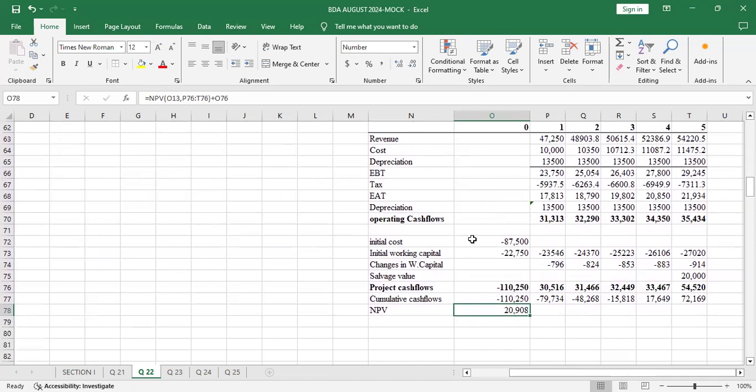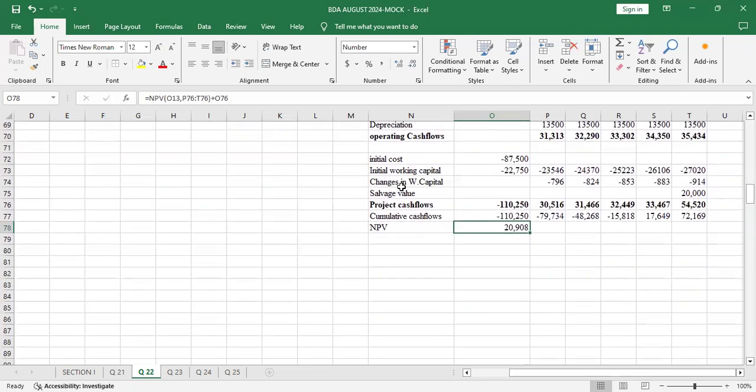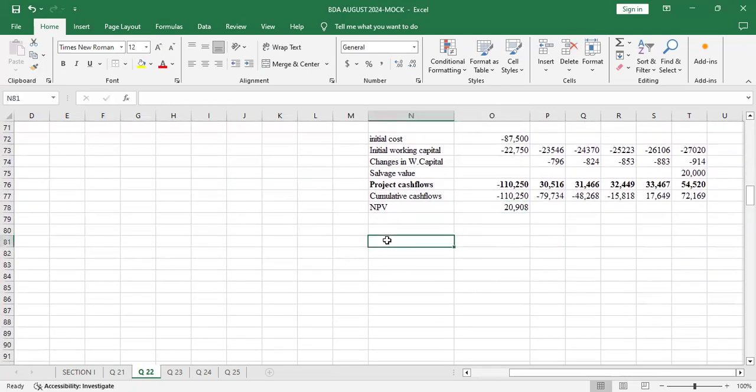We want to check the sensitivity with a variance of 8.5% on revenue and cost. I'll start with revenue. The sensitivity is all about if you vary revenue at 8.5%, what will happen to the NPV? How will the NPV change? That's the sensitivity analysis.